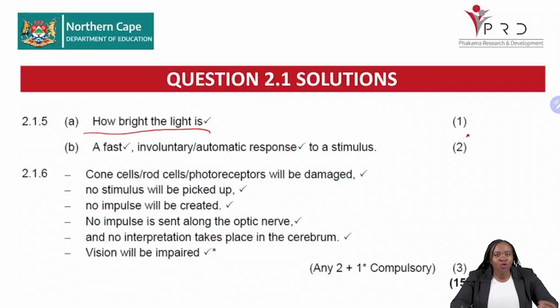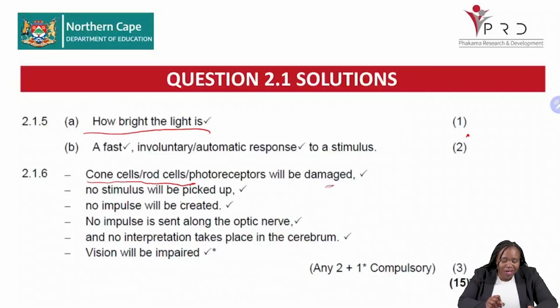Now, if no stimulus is received, it means that there is nothing that is going to be converted into an impulse in order to be transmitted to the cerebrum for interpretation. If that does not happen, it means that this person would have lost their eyesight. This person will not be able to see. Therefore, your vision will be impaired, right? So the cones or the rods, or you can say the photoreceptors, will be damaged, as they said, they will be burnt, right?